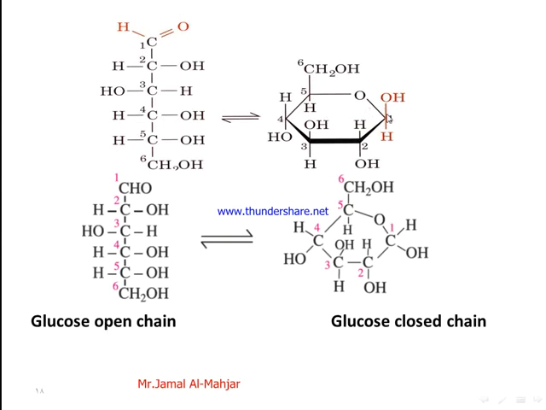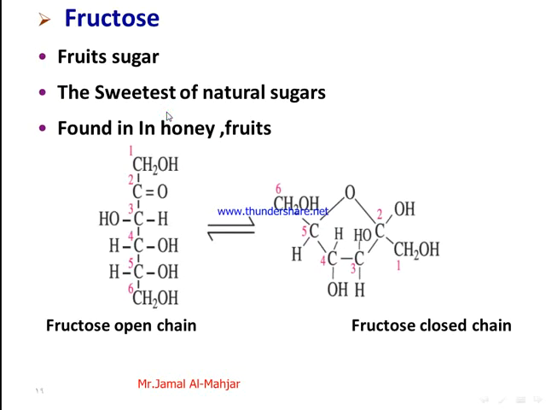The closed chain: this is carbon number 1, and here it is a 5-membered ring? No. It is a 6-membered ring. So a 6-member ring is glucose.